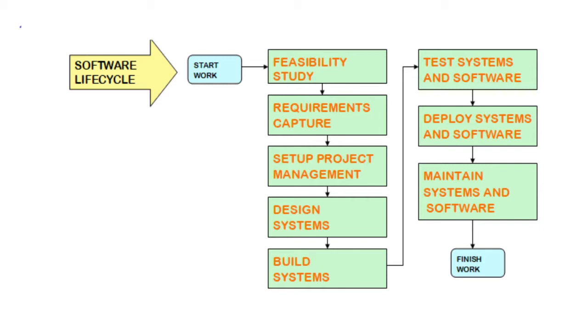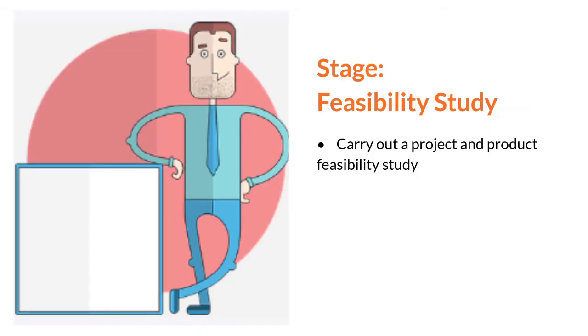Okay, the first stage, as mentioned before, is the feasibility stage. In this stage, we carry out project and product feasibility study. We confirm that the project is feasible and that the product that we're going to be building is going to be fit for purpose and is going to meet our customer requirements.